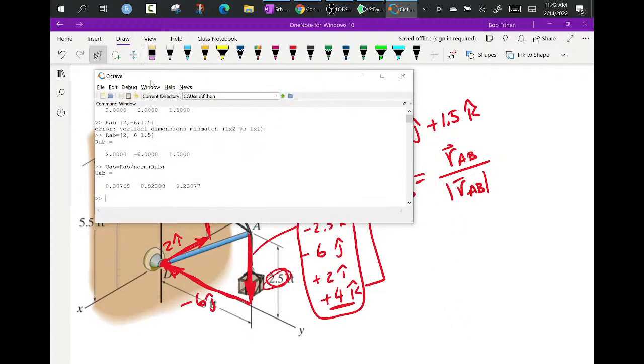So I'm going to go ahead and write those down because those will populate a column vector in here.